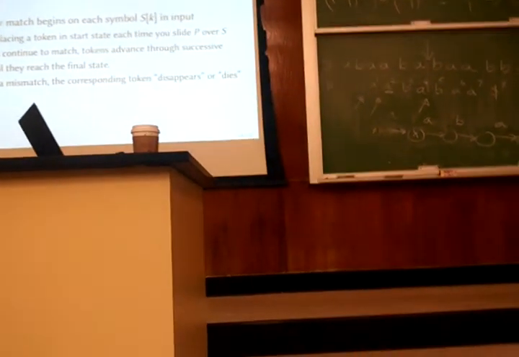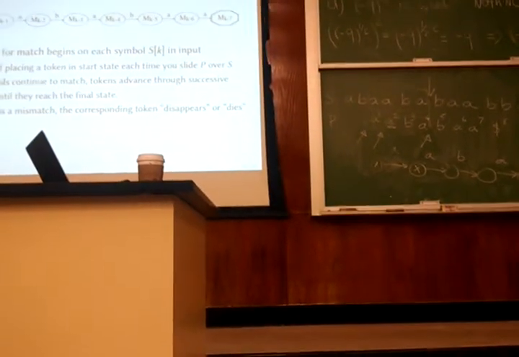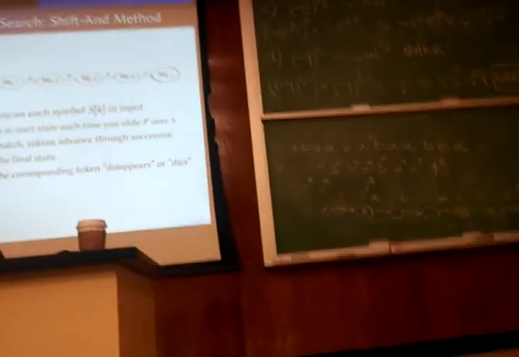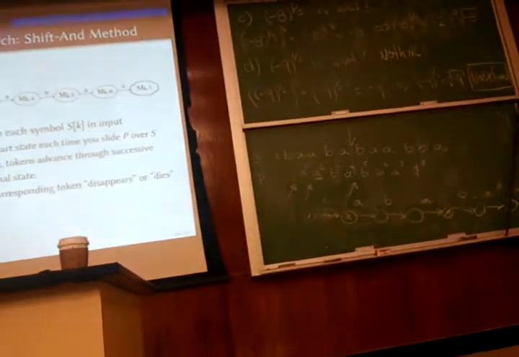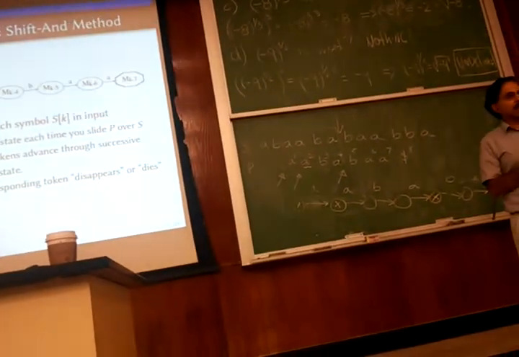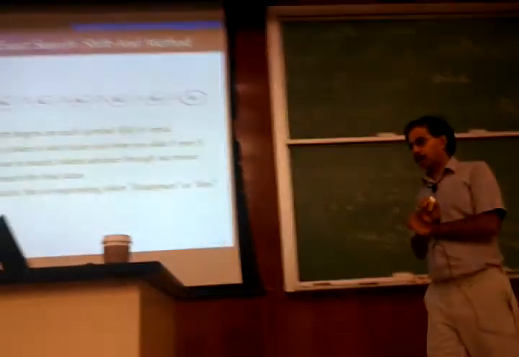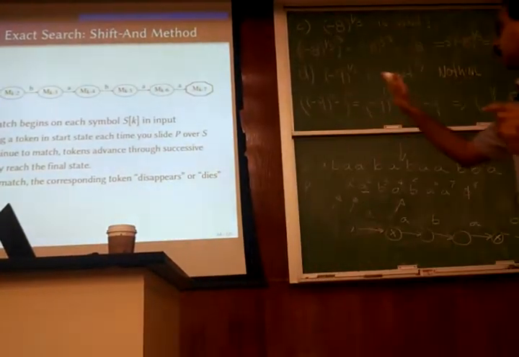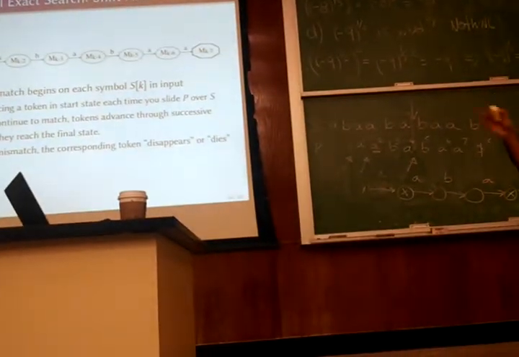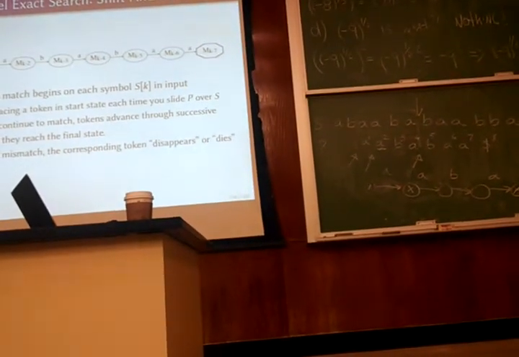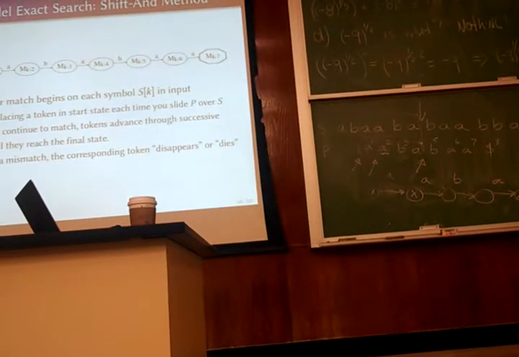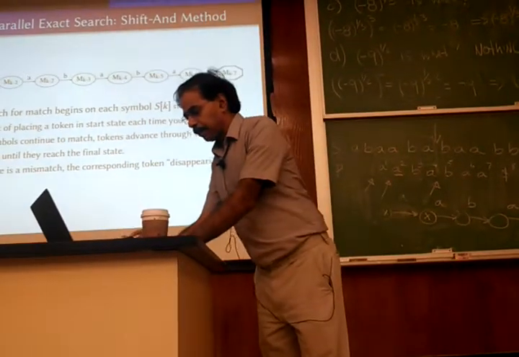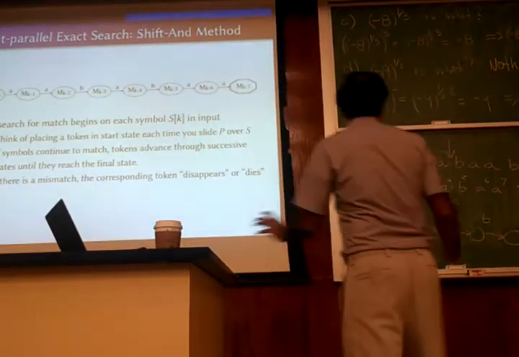Keywords longer than 64 can occur, but keywords shorter than 64 probably occur frequently enough that it will be useful to have an algorithm that works on them. So this algorithm is useful when the length of the keyword you're searching for is small enough that it fits in a small number of words, 1 or 2.